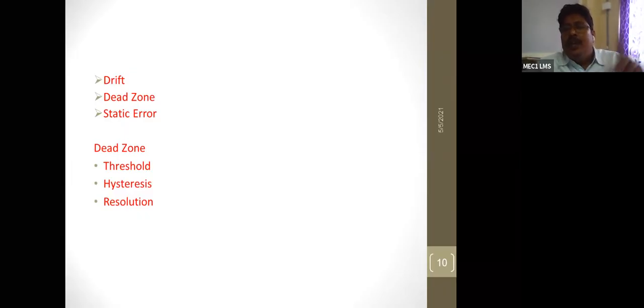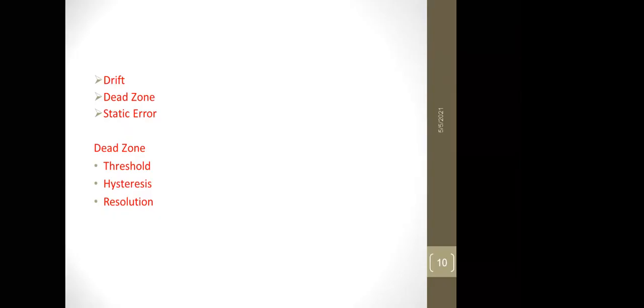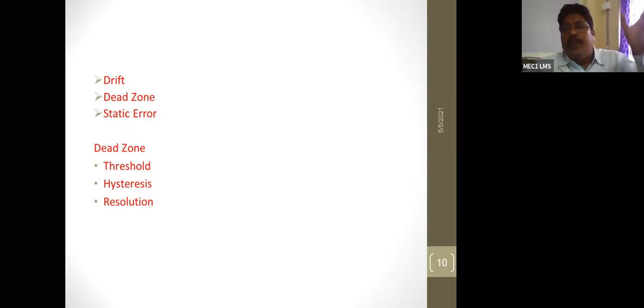For example, I supply electric current to the fan, but the fan is not rotating. That is called dead zone. I have to push the wings of the fan, then it will rotate. Now you can understand, right? Even though you give an input signal, there is no response in the output. That is called dead zone.